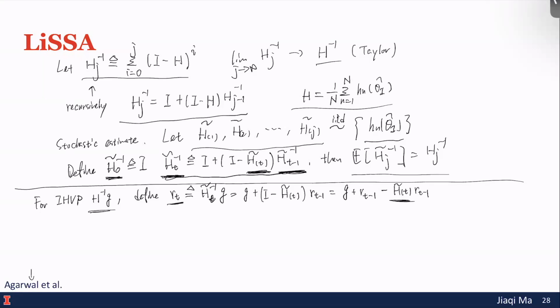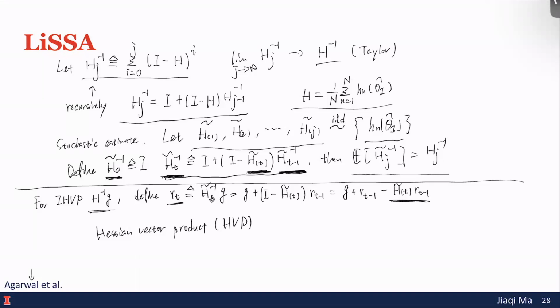We can further reduce the cost by leveraging the Hessian vector product trick.